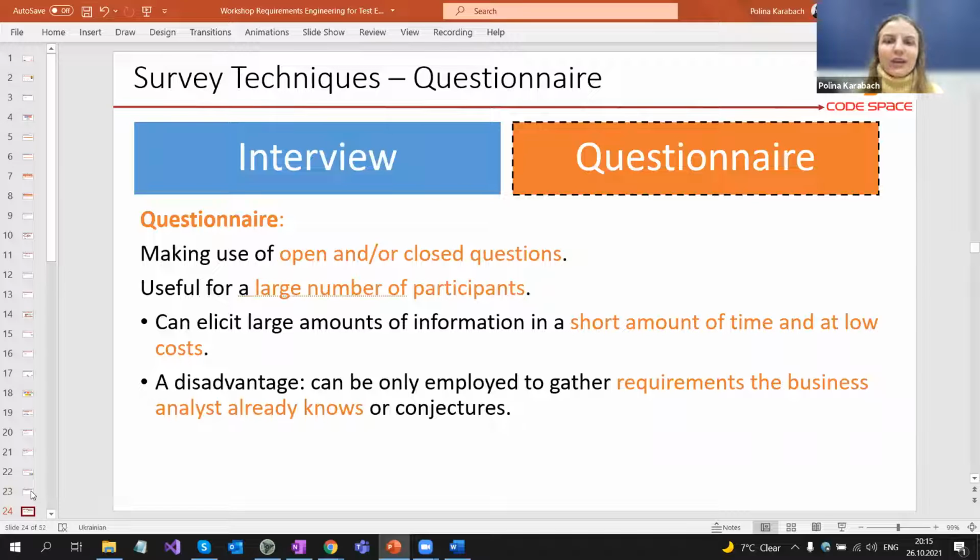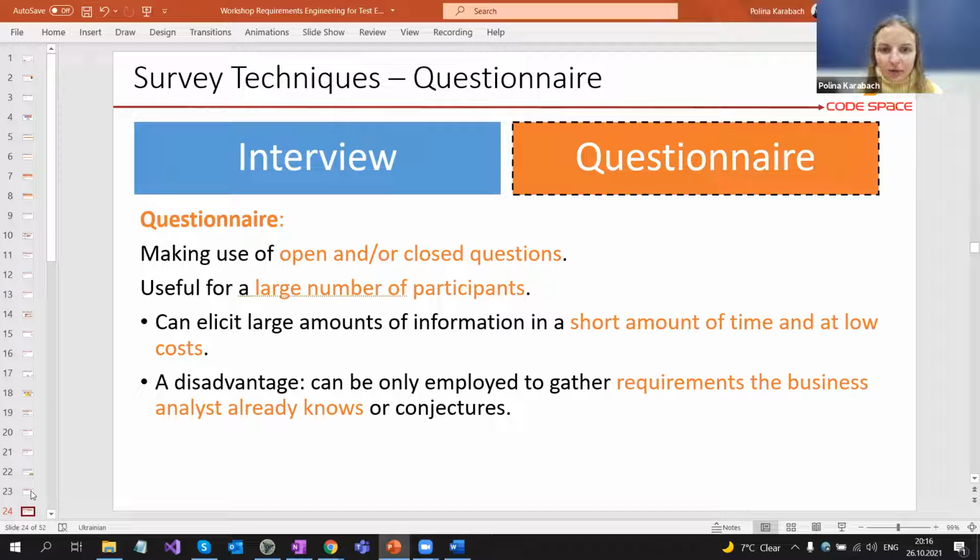Moving on to the questionnaire. Questionnaire is another survey technique where we are building up some questions. They can be open or closed. It's okay as well. We can gather some statistics by yes and no. And we can effectively gather the responses from a large audience.